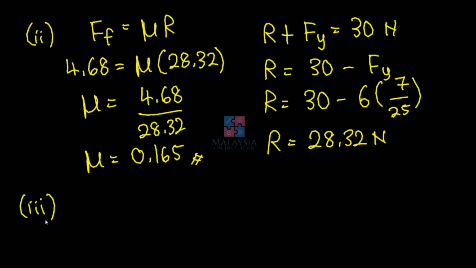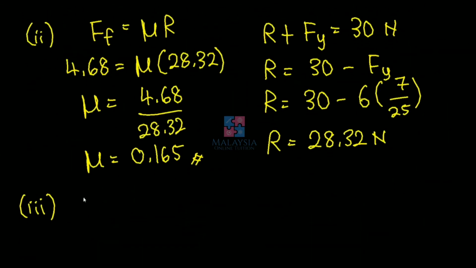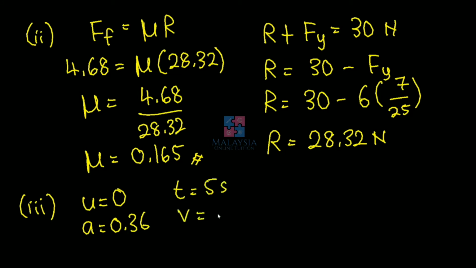Now we need to find the final velocity of the block before the 6 Newton force is removed. Based on our part 1 just now, we know that our u is 0, our a is 0.36, our t is 5 seconds, and what is our v? This is what we want.